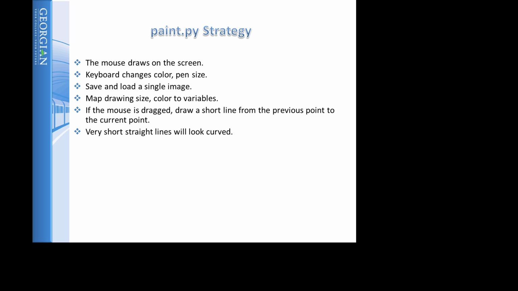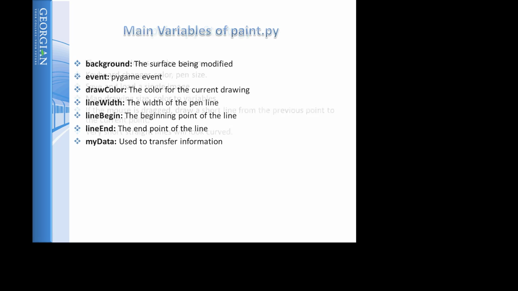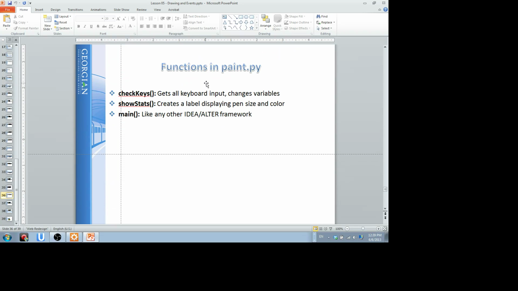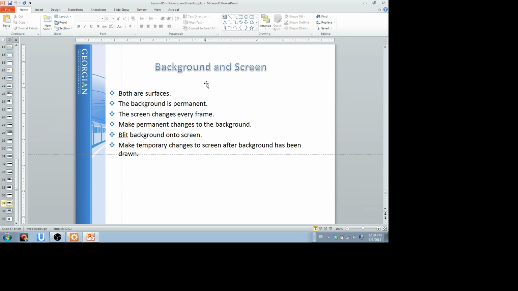So at the end of the day, your background is a surface object, a surface container that's inside of your top level window, or your screen in this particular case. And I'm not going to go through this, but it goes through the paint.py in a lot more detail. It's going to talk about how it does check keys and show stats and everything else, which we've kind of already done.